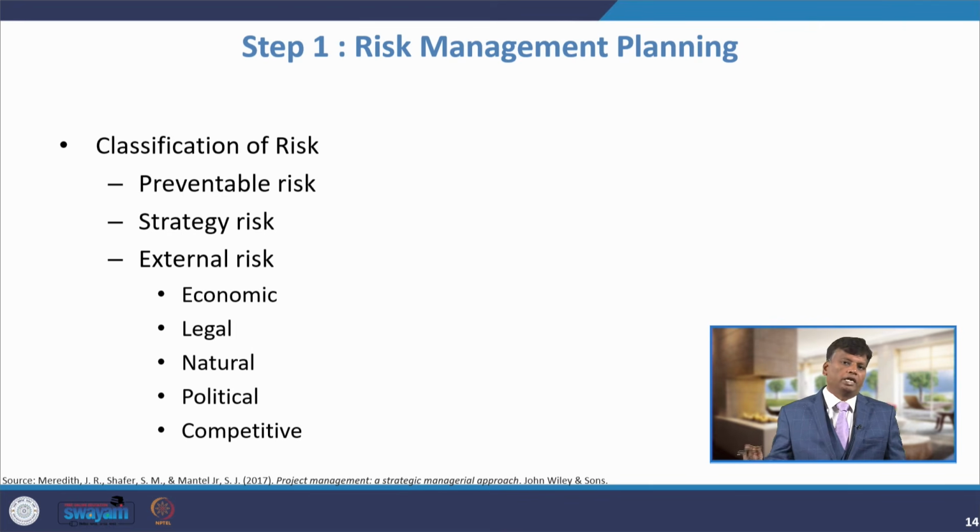If you are making a strategic decision, there may be a chance that it may not work well. That is a strategy risk. The third type of risk is external risk. You do not have any control over that. For example, economic conditions, legal conditions, natural conditions, political conditions and competitiveness.